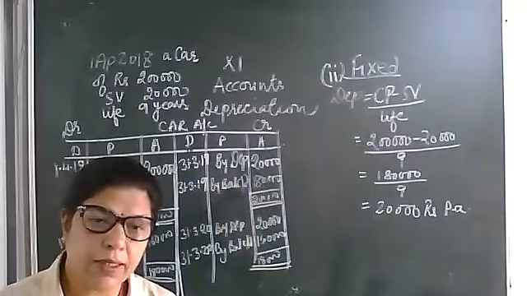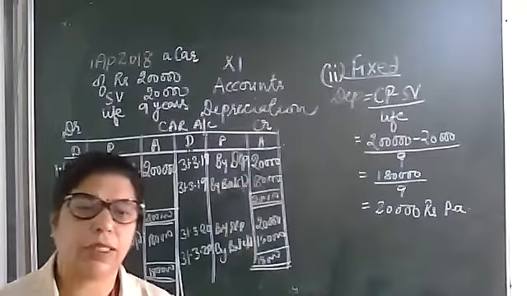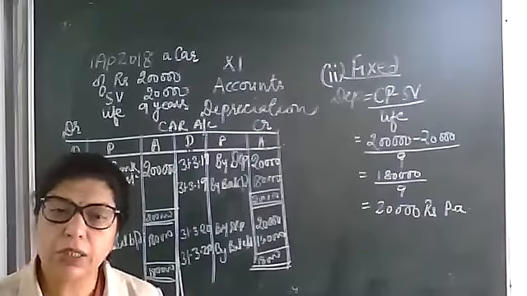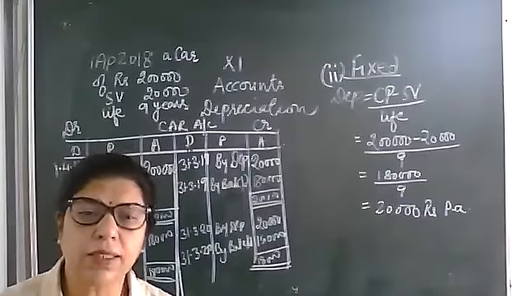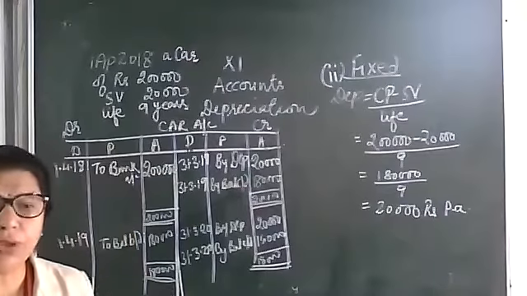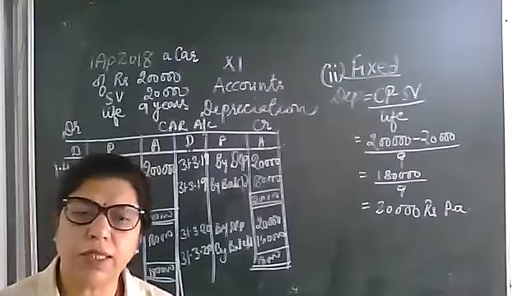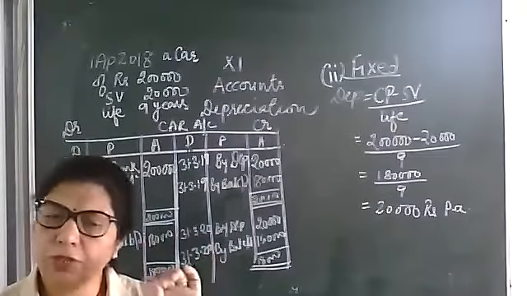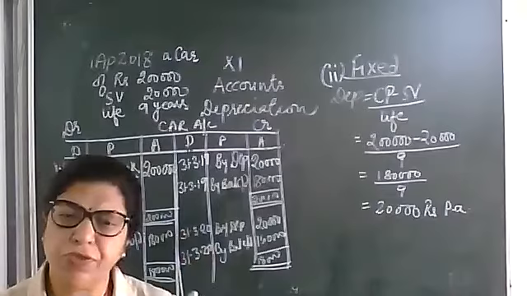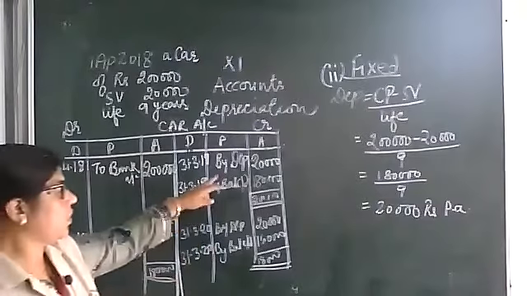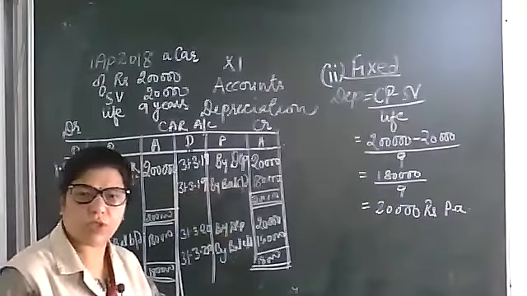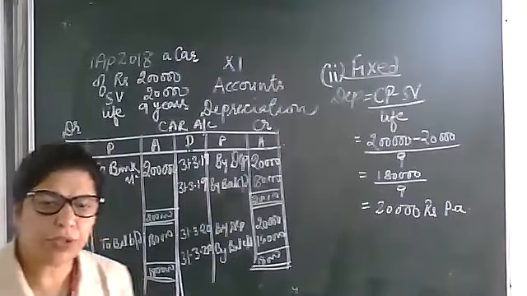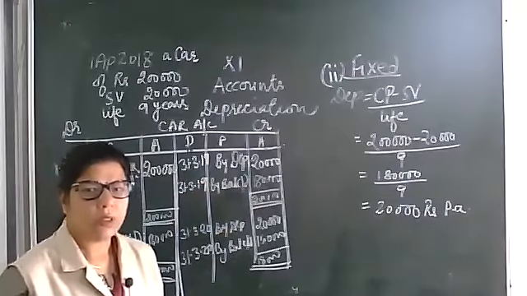So the remaining is 1,20,000. In this way, you will do the question for however many years they ask. If they tell you to prepare the account for 3 years, you have to make it for 3 years. Generally, if they say you have to prepare for 4 years, then there will be 4 columns for 4 years.